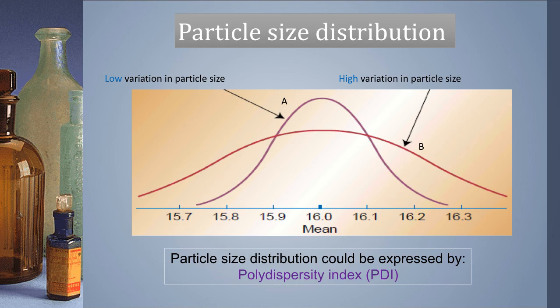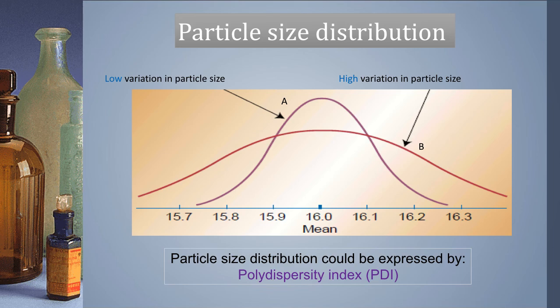So there is a great variability in size. Like curve B. In curve B, the average is 16, but the curve is very wide. So it means there is a great variability in size. While if you look at curve A, it has the same mean, the same average particle size, but it has less variability in size. The range in curve A starts from 15.8 to 16.2.